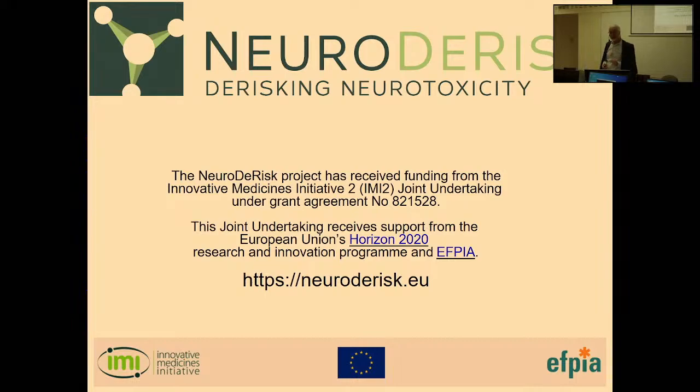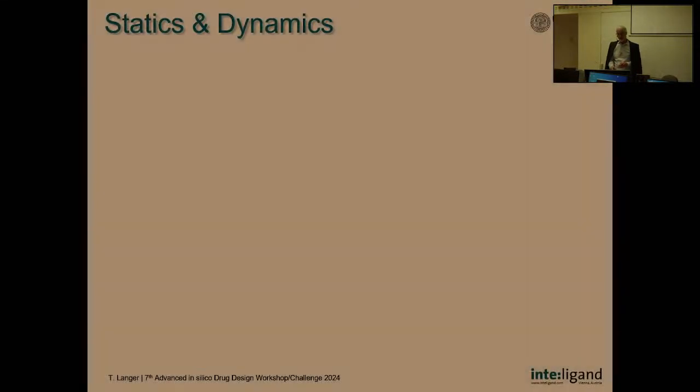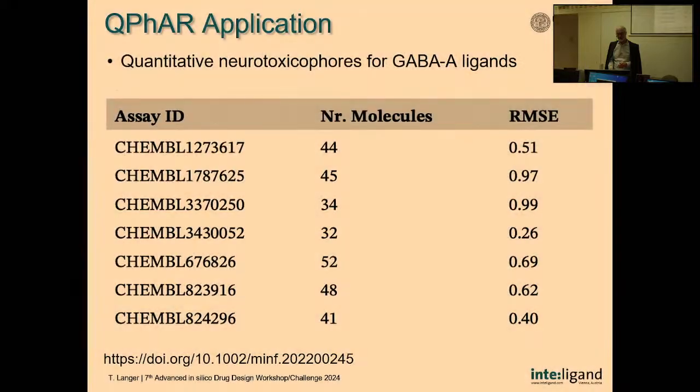And what we did in this program, we generated pharmacophore models, so-called neurotoxicophores, for all these different aspects here. Sorry, it was too fast. And here, for instance, we have this quantitative neurotoxicophore for GABA A ligands.